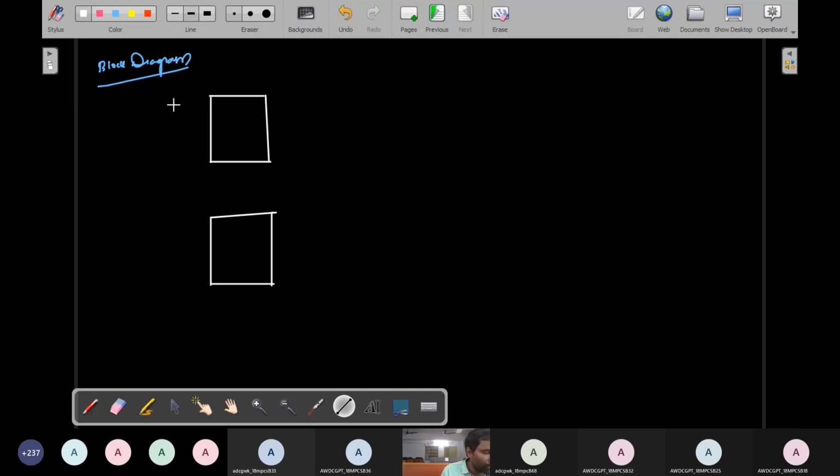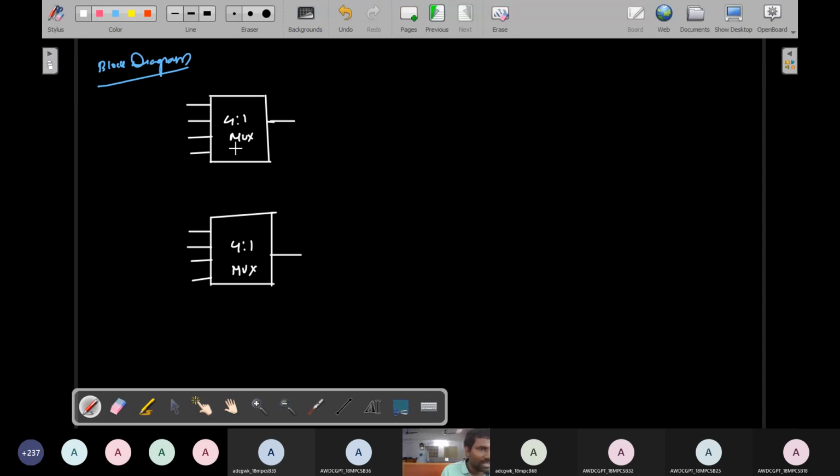We have 4 inputs here: 1, 2, 3, 4. Similarly here also 4 inputs: 1, 2, 3, 4. So we will get only one output here, and here also one output. So this is called 4:1 mux, and this is also 4:1 mux. So right now I am using 4:1 mux.